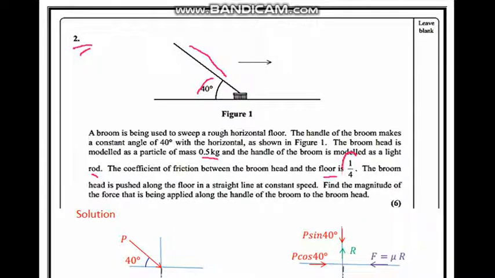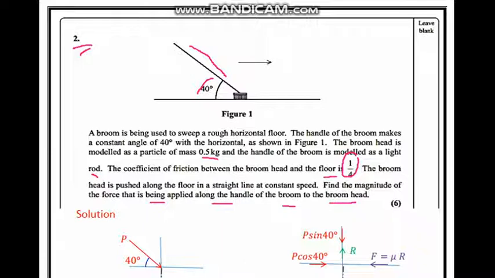This coefficient of friction, this mu, and the broom head is pushed along the floor in a straight line at constant speed. Find the magnitude of the force that is being applied along the handle of the broom to the broom head.